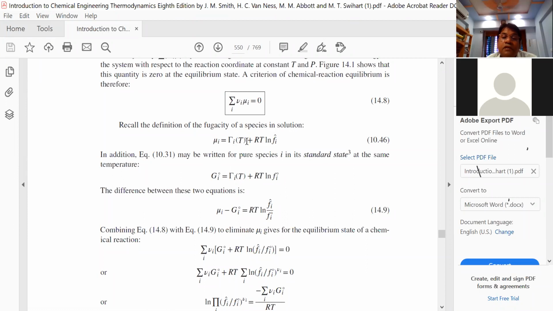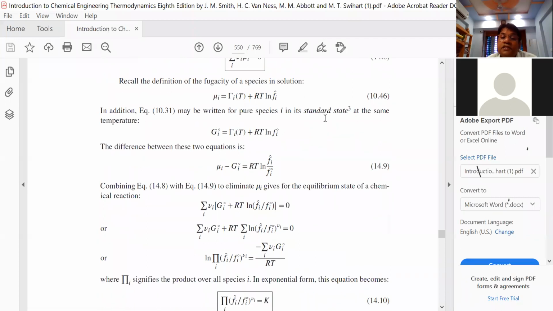After replacing this mu i with Gi and replacing the standard state, you know what the standard state is? All gases at 1 bar pressure and 25 degrees centigrade are assumed as the standard state.